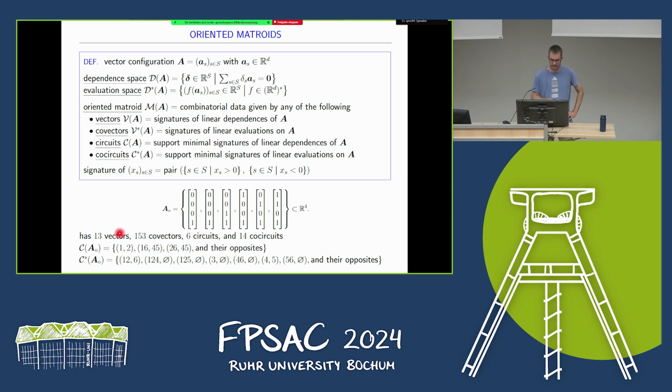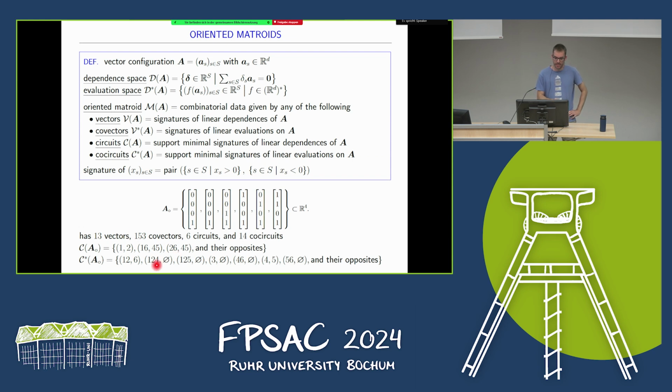For example, this circuit 1645 corresponds to the fact that vector 1 plus vector 6 is equal to vector 4 plus vector 5. So you have a linear dependence which is 1, 0, 0, -1, -1, 1, and this is the sign vector of this linear dependence.